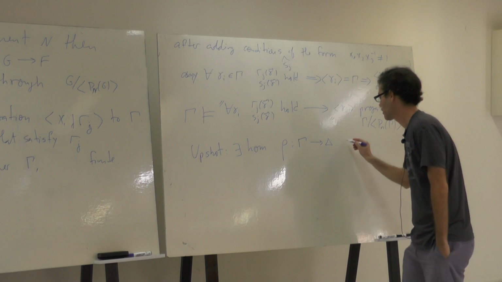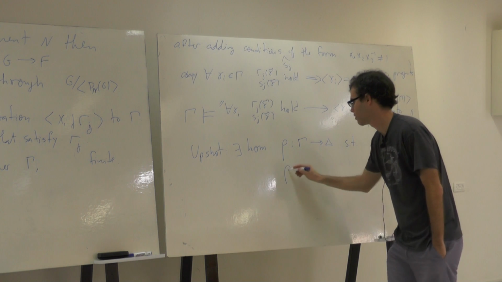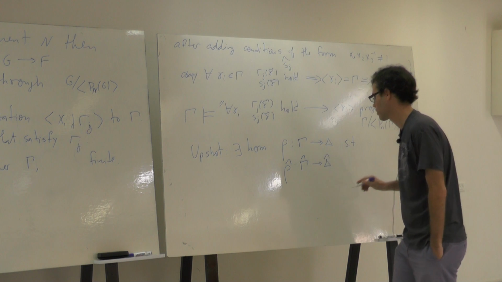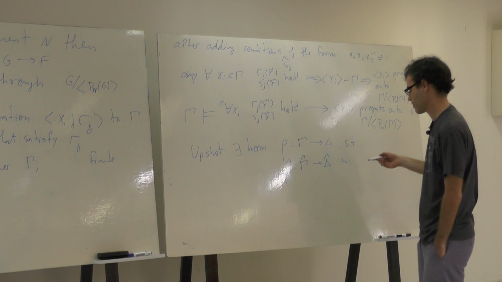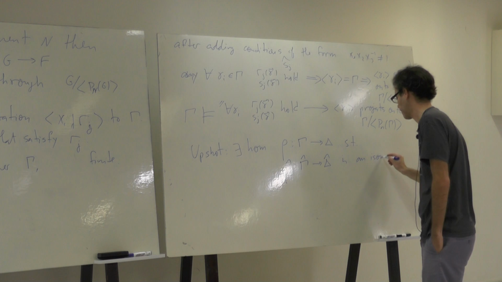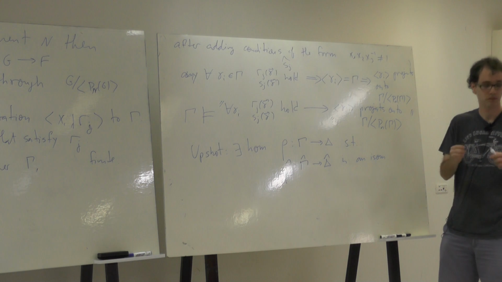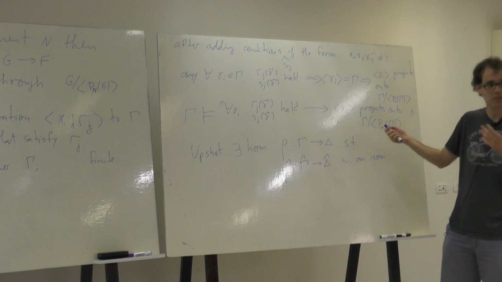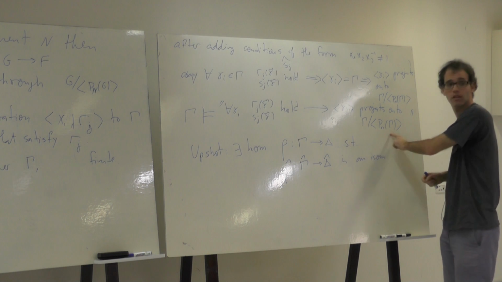Okay? Such that this is an isomorphism, because every finite quotient of exponent n factors through the quotient of delta.